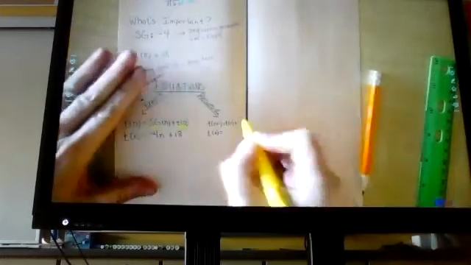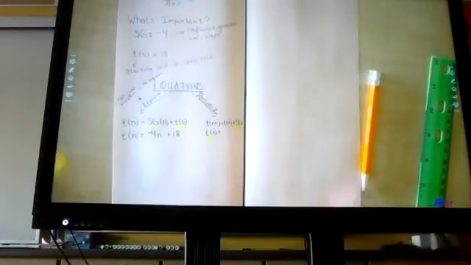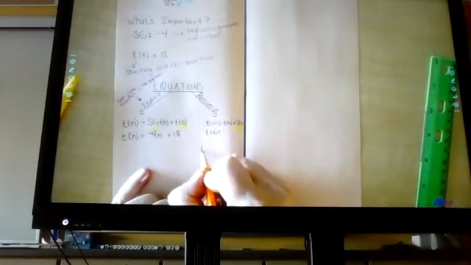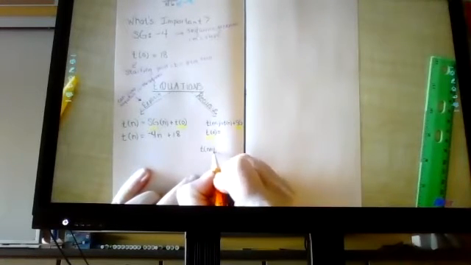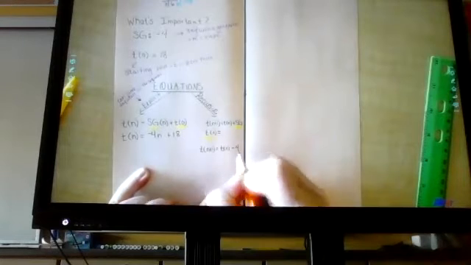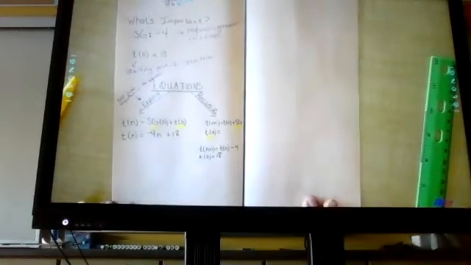So again, I'm going to underline that. There's the SG, and there's the T of 0. In this case, this is what ours will look like: T of n plus 1 equals T of n, my SG is -4, and my T of 0 is 18.